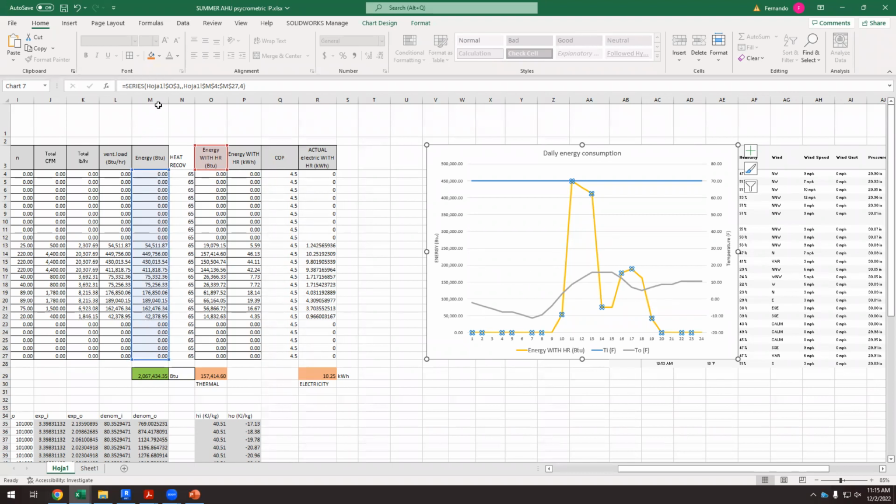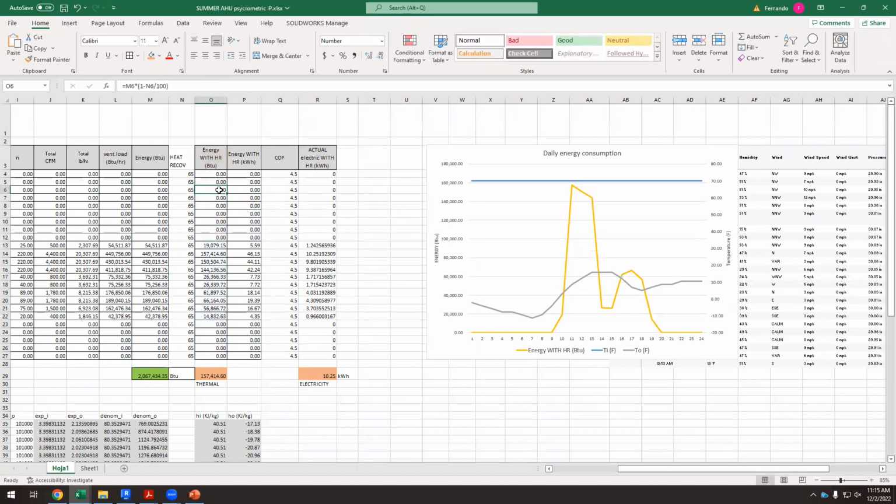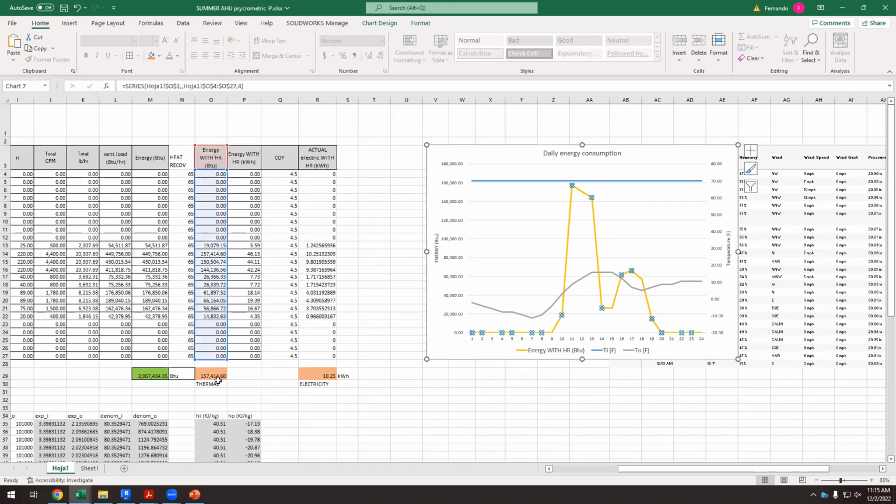If I want to change that, it is the column M, and it has to be O. So it's M, O, and O. Okay. So now this value is with this.